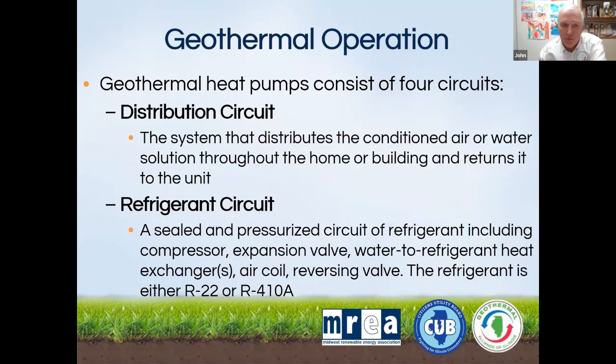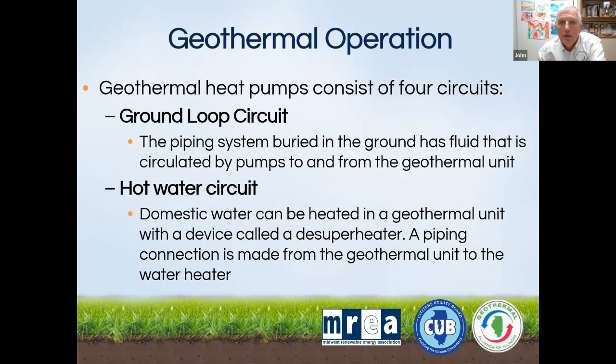And that's the refrigerant circuit. The next circuit is the ground loop circuit. Again, remember the piping, this stuff right here. That's the piping in most geothermal systems that's either put into the ground horizontally or vertically, and then fluid circulates through this piping, and there's a pump that pumps the fluid to and from the geothermal unit.